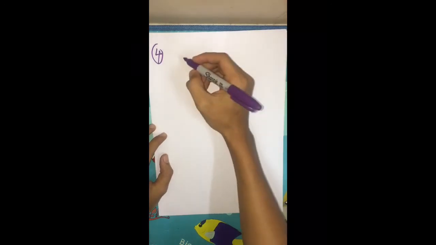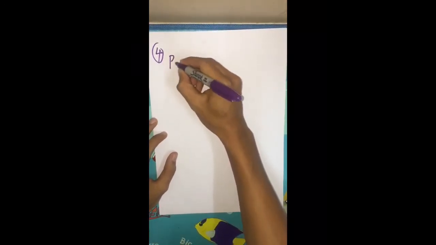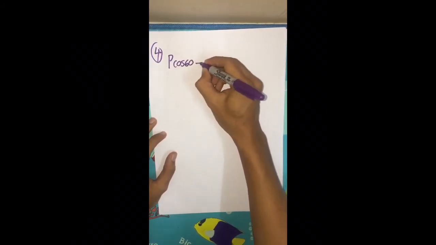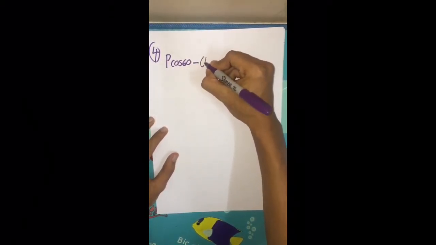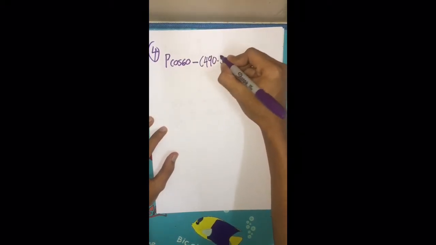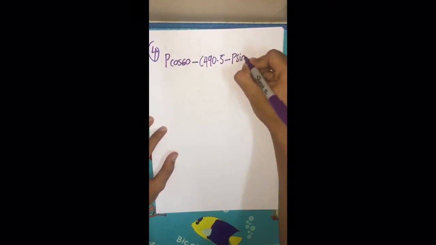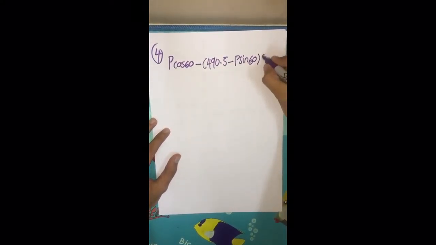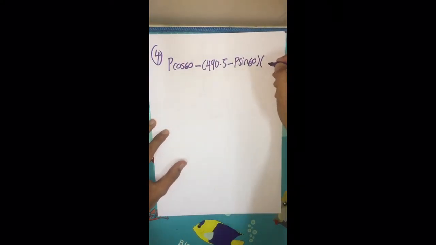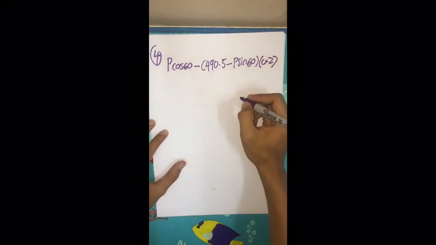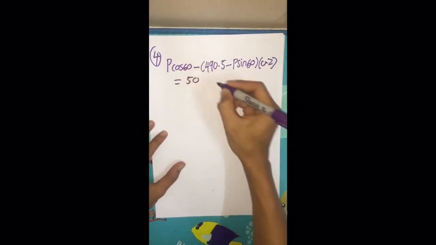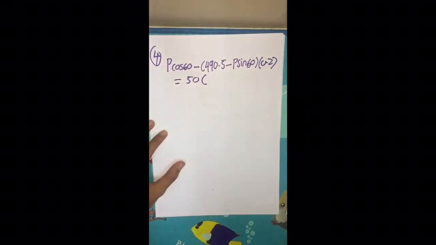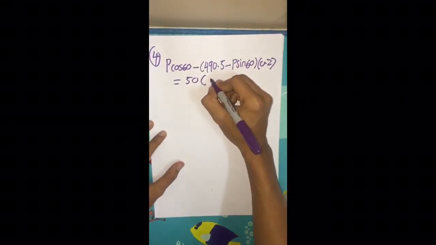Step number 4. Equation number 1, P cos 60 minus N, which we take from equation number 2, 490.5 minus P sin 60, times mu K. Mu K we take from the question, 0.2, equal to mass 50 times the acceleration we got at the second step, 2.